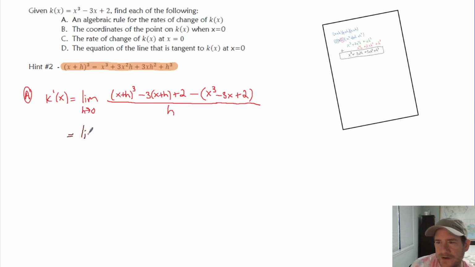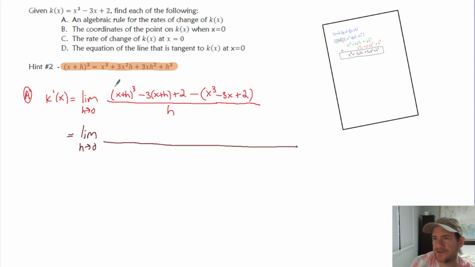So now let's start cleaning up. This will be the limit as h approaches 0 still. And in the numerator, we're just going to have a ton of terms. Remember, this guy alone is about to turn into all four of these terms. So we're going to have an x cubed plus 3x squared h plus 3xh squared plus h cubed.